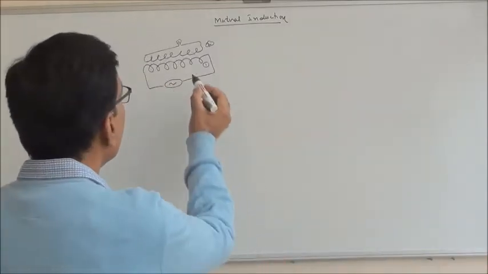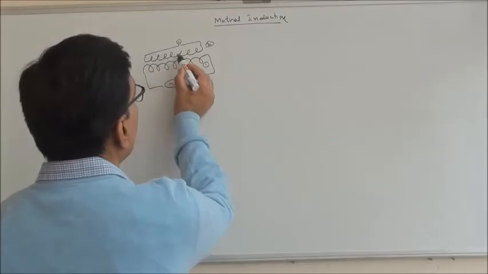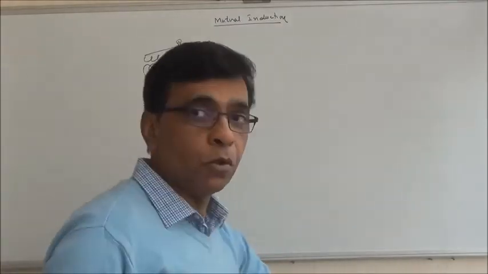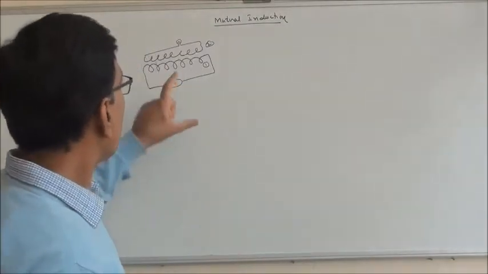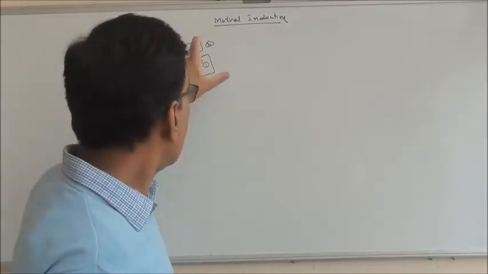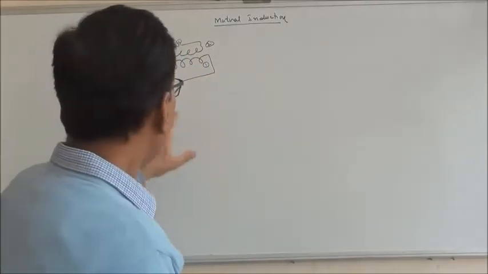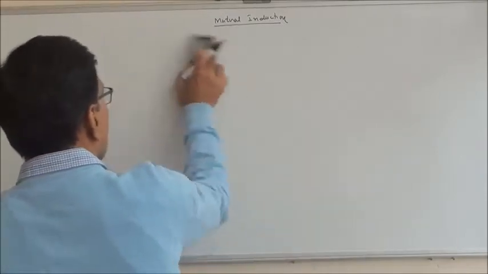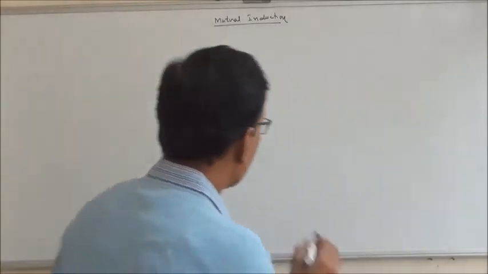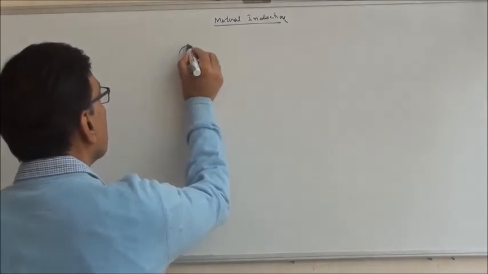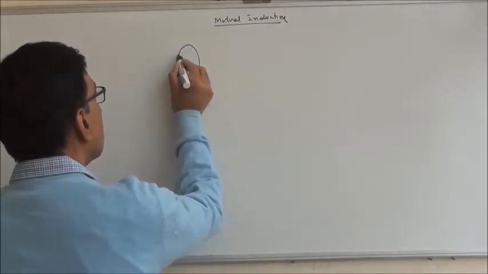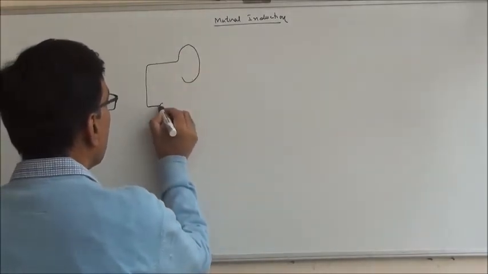Now what is happening here? The current in this coil produces some magnetic field here too, and since we are using AC, the magnetic flux with the other coil will also change. Let me take a simpler version of it.